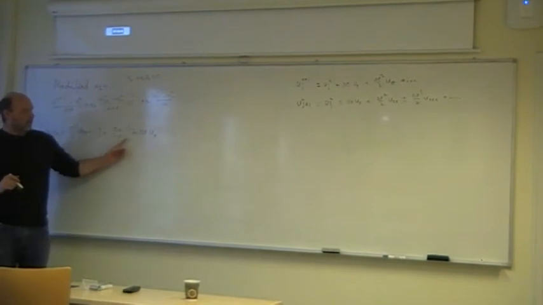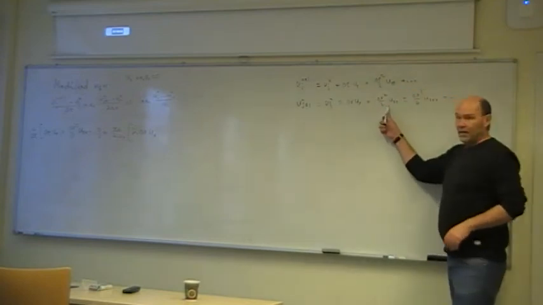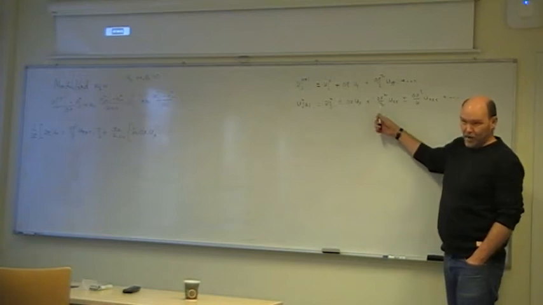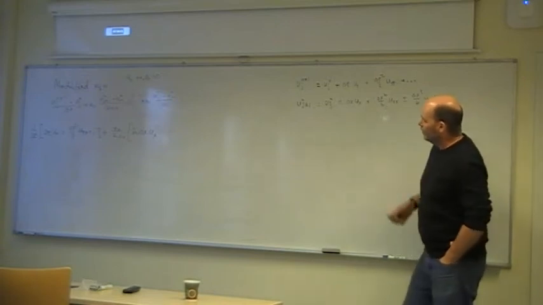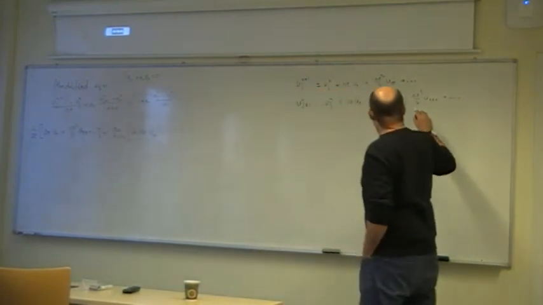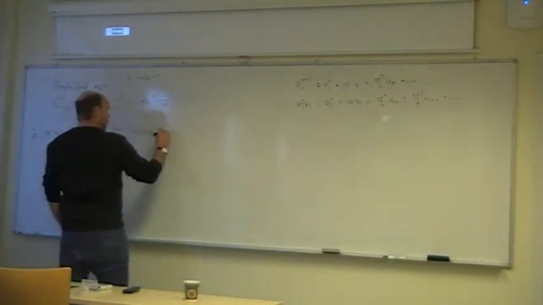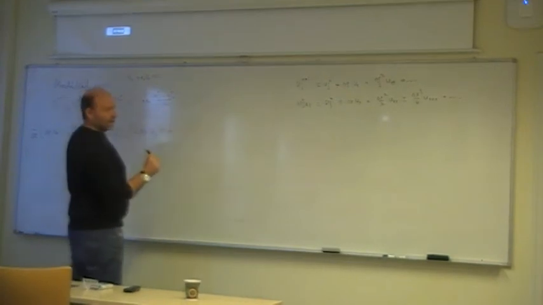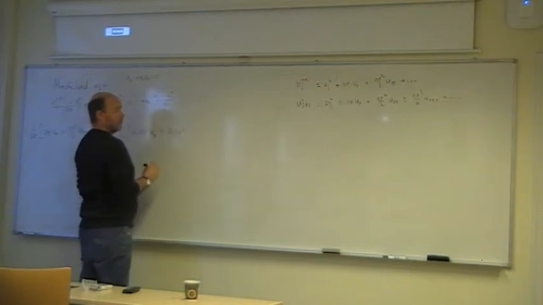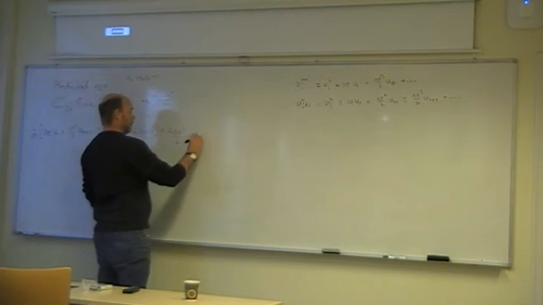Also looks very promising. Term number 3, it will disappear, plus the first one, but then minus from the other series, since it's a minus in between them. But this one will survive. I will have 2 of him, plus 2 times delta x to the power of 3 over 6, u triple derivative, and then higher order terms.